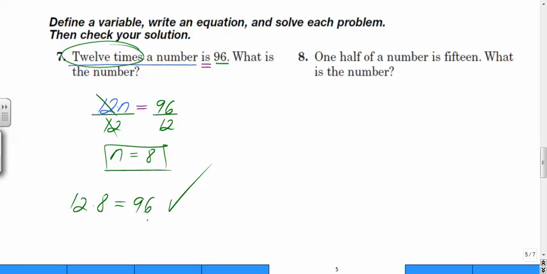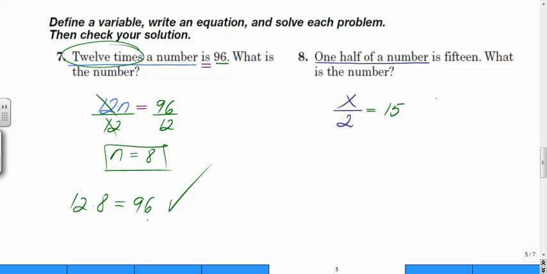How about the next one? 1/2 of a number is 15. What is the number? Well, 1/2 of a number, I can write it as x over 2, equals 15.